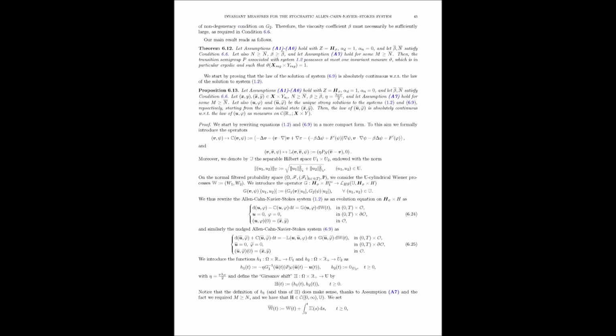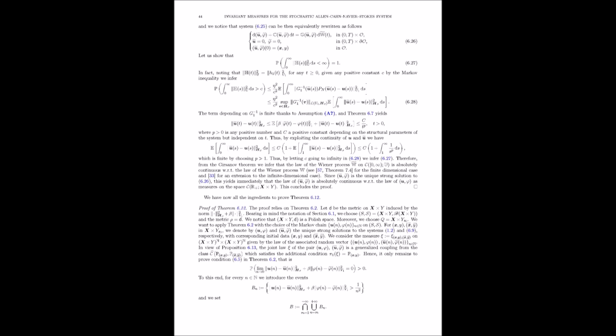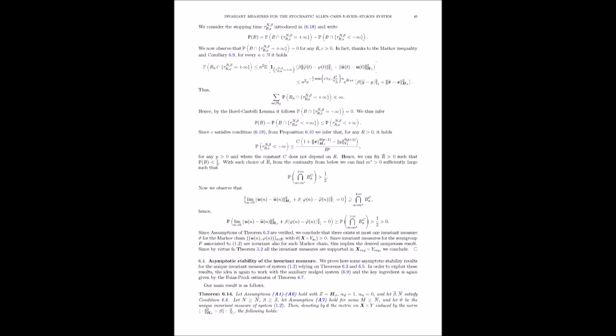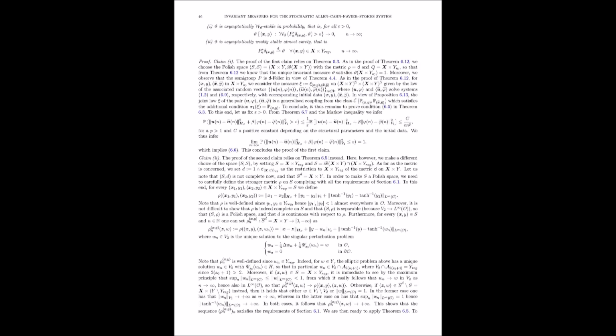Exactly. Now, the paper establishes these Foias-Prodi estimates in expectation. It does. Which means we're not looking at individual instances of the system. Right. But we're considering its average behavior. Yeah, we're averaging over many different possible scenarios. Oh, right. So we're taking into account that randomness. That's right. It's a probabilistic approach. So instead of trying to predict the exact path of each racer, we're analyzing their average positions over many different races.